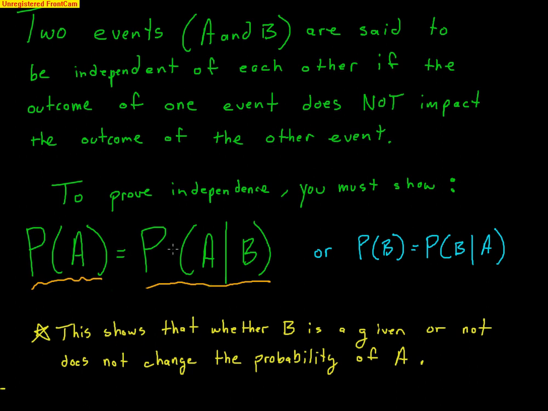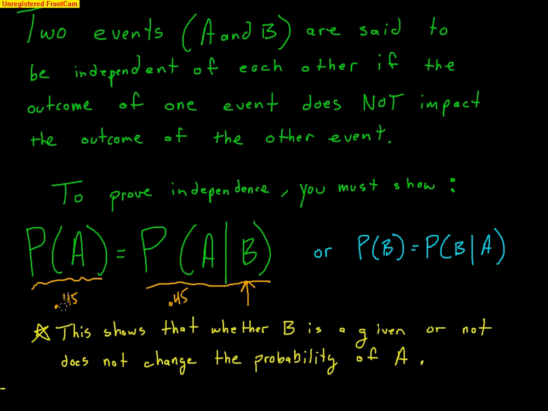If these two probabilities are the same, then it just goes to show that my condition of B already occurring did not change the probability of A. For example, if the probability of A is 0.45 and the probability of A on the condition of B is 0.45, then that means there's a 45% chance of A occurring, and there's also a 45% chance of A occurring if B occurred, showing that B occurring or not occurring didn't change the probability of A at all.